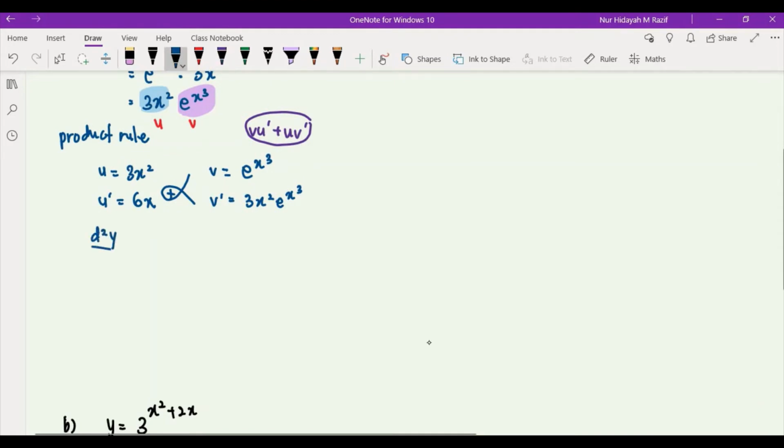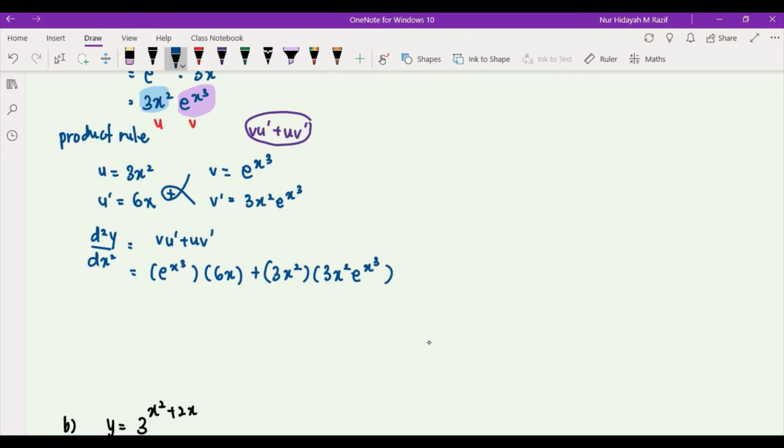So d2y by dx2 is actually equals to vu prime plus uv prime, and putting in all those terms according to the formula, saya akan dapat e power of x cubed multiplied by 6x, and we are going to add that to 3x squared multiplied by 3x squared times e power of x cubed.